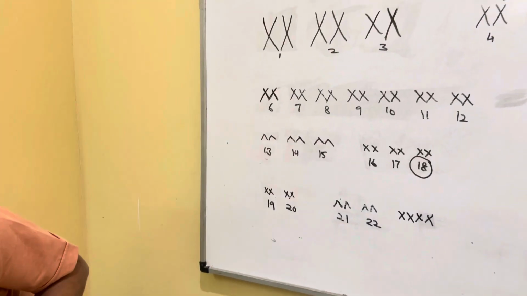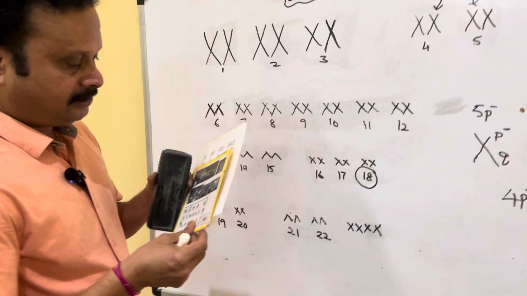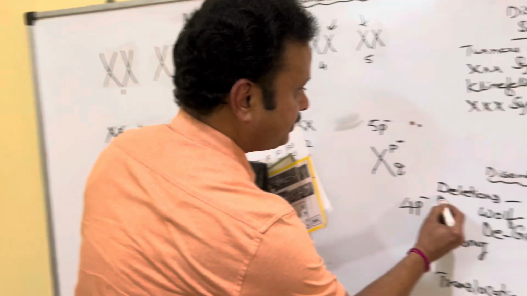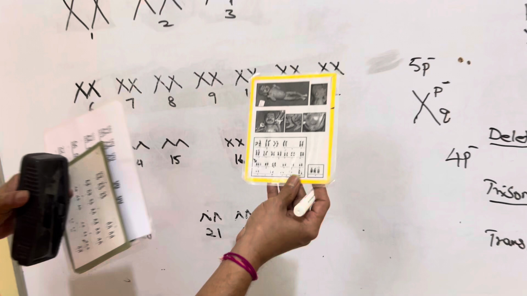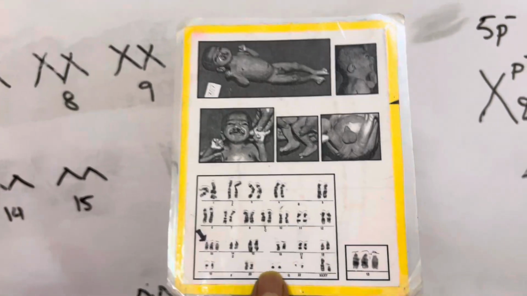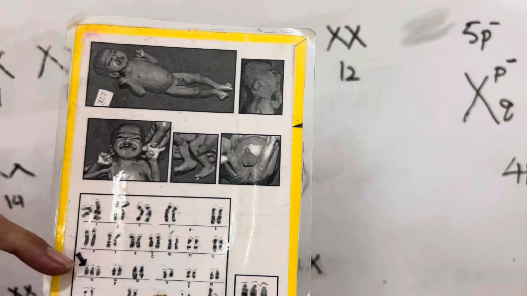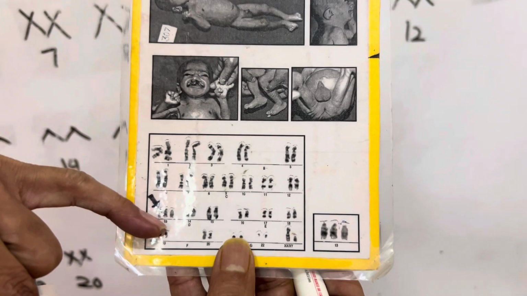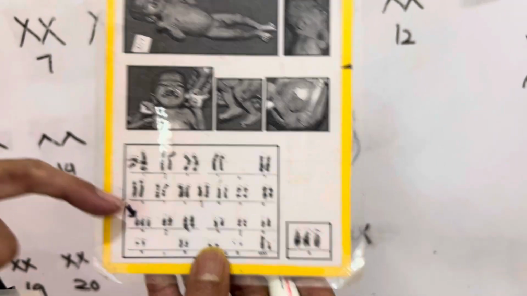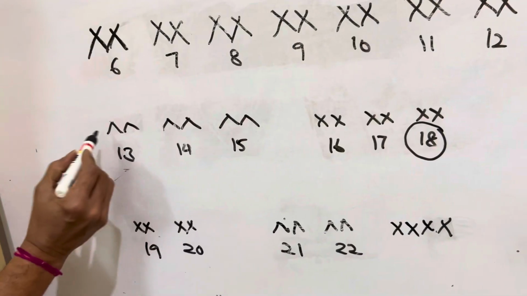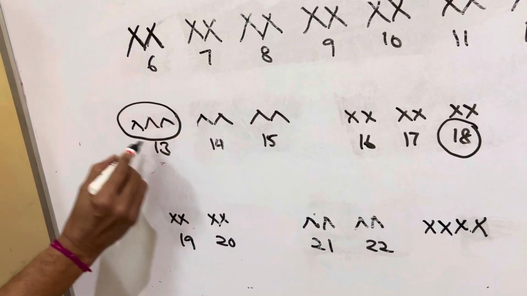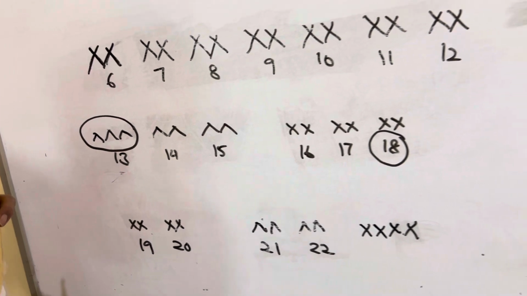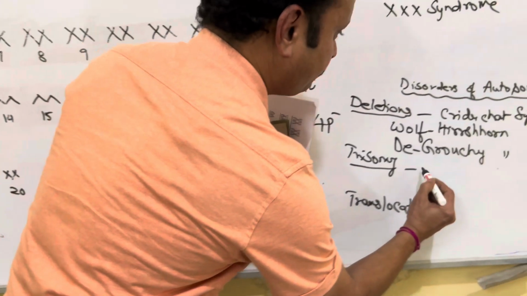Likewise, if you see the translocations, the deletions are over now. Coming to trisomy. In this one, in the autosomes, there is an arrow mark indicated at the 13th level, the chromosome number 13. That means here, if there is an additional chromosome, we call it trisomy 13, which is called Patau syndrome.